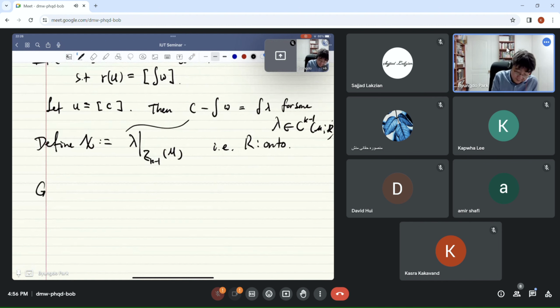So now for I map, given any C in degree k integral cohomology, well, this holds as real cochains.